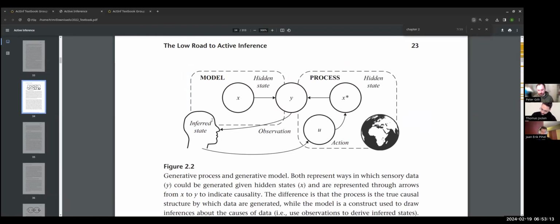And then again, in this minimal case, the aboutness of X is exactly this X star, the real temperature in the room. But you could have a situation where the temperature in the room causes the lights to change, and then the agent has a model where the latent state it's inferring is Bitcoin price, and it thinks that that's a causal relationship with the lights changing in the room.